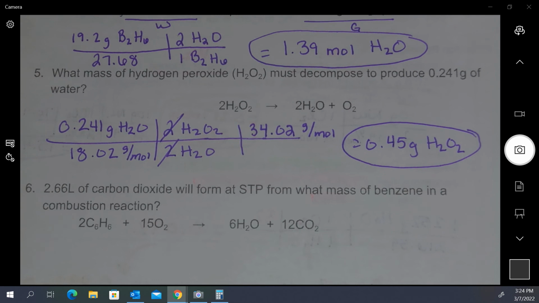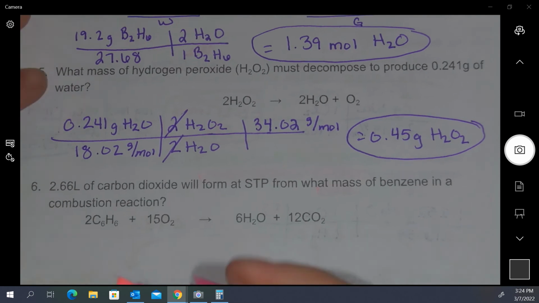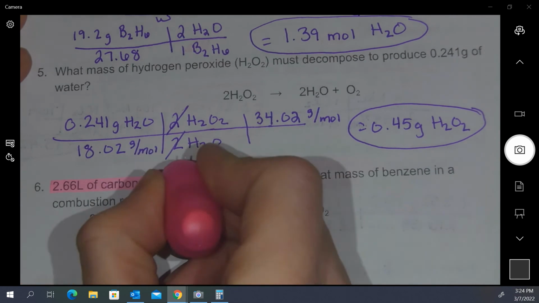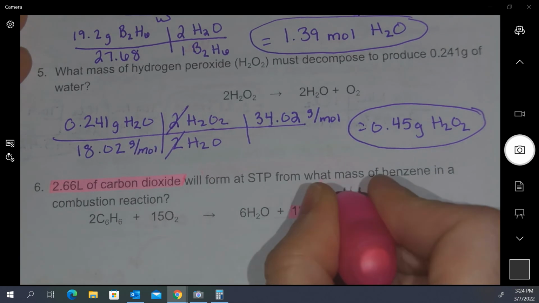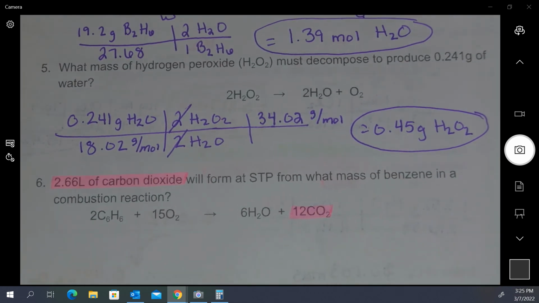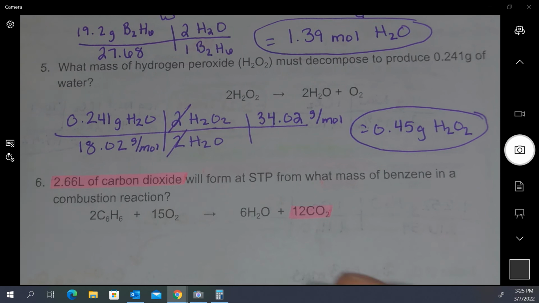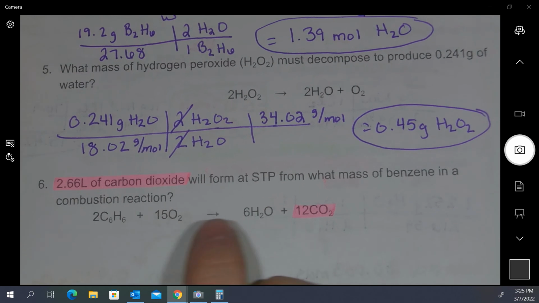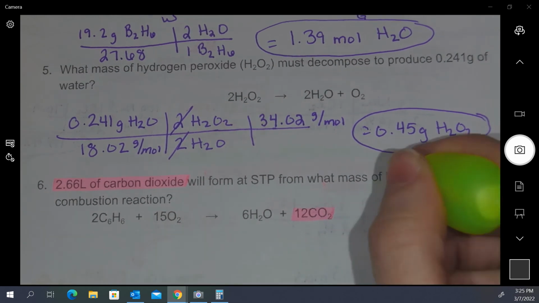All right. Number 6. Number 6 is a little different from what we've seen so far. We've got 2.66 liters of carbon dioxide, so CO2. And it wants to know the mass of benzene in this reaction. Benzene is going to be the thing that you don't recognize in this problem because we know O2, we know H2O, we don't necessarily know C6H6.